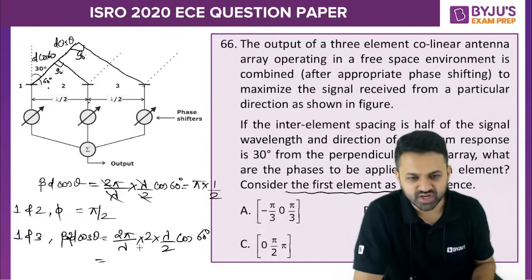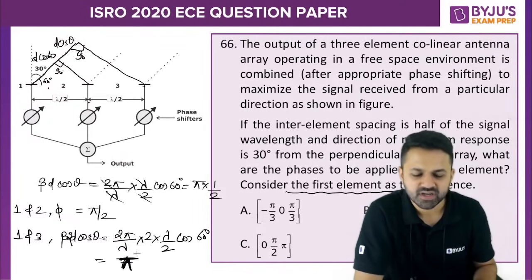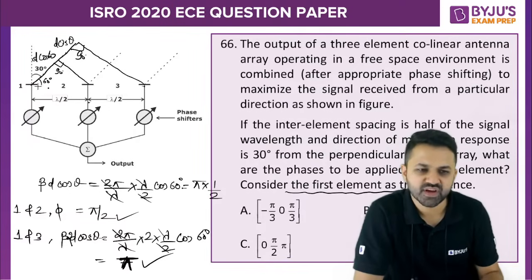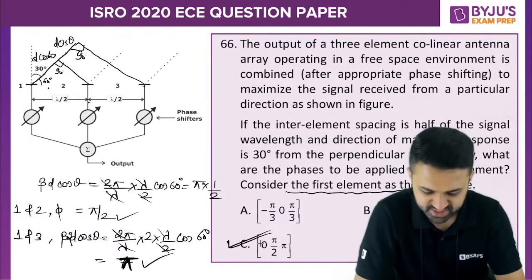Now if I calculate, the 2 and 2 will get cancelled, lambda will get cancelled, and cos 60 is 1 by 2, so pi will come. So if the first one has phase 0, then the second has phase pi by 2, and the third has phase pi. So the correct answer will be option C.